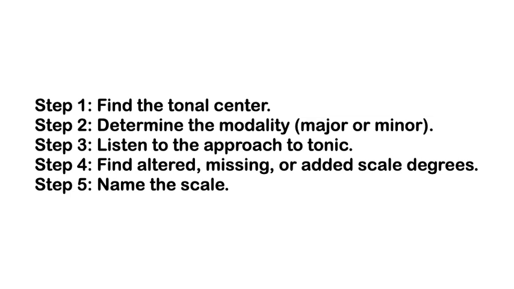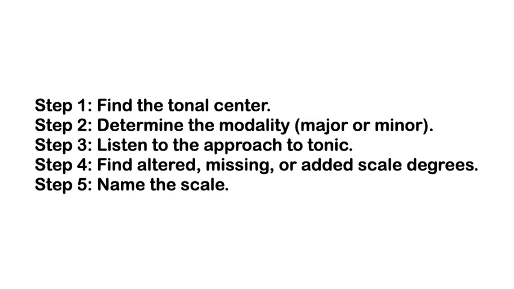It doesn't necessarily tell you everything you need to know, but it can be helpful. Step four, listen for altered, missing, or added scale degrees. So you might want to take an inventory of what scale degrees you hear. When you hear a scale degree 2, check it off. When you hear scale degree 4, but it's altered, check it off and make sure that you've noted that it's altered. And then finally, we're going to name the scale once we have all that information.